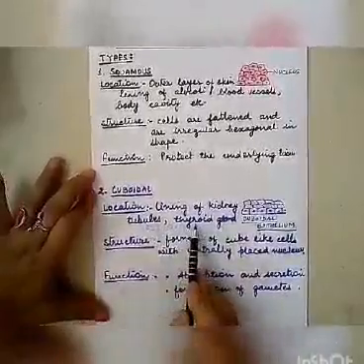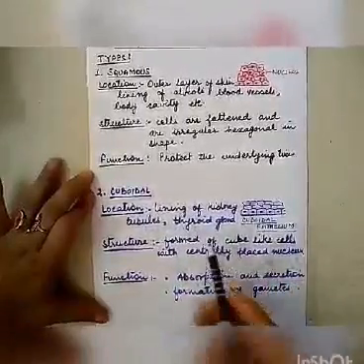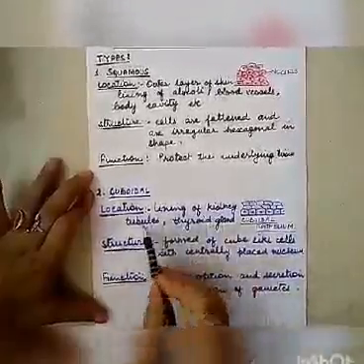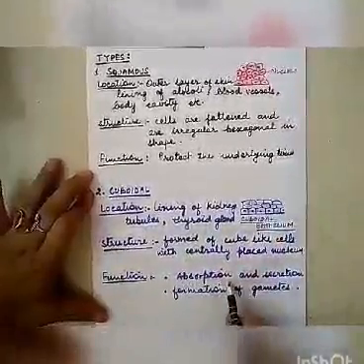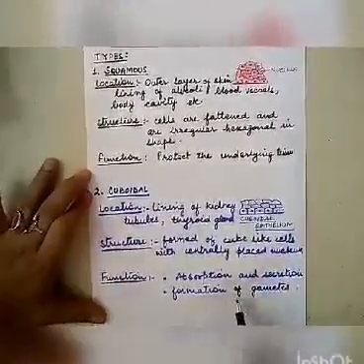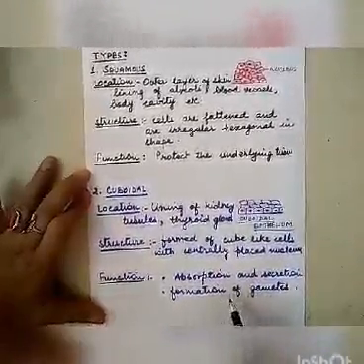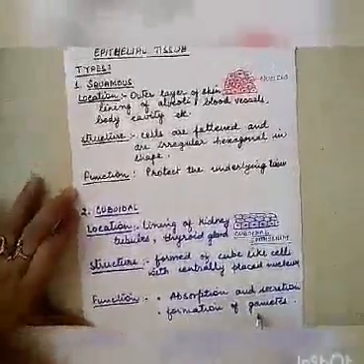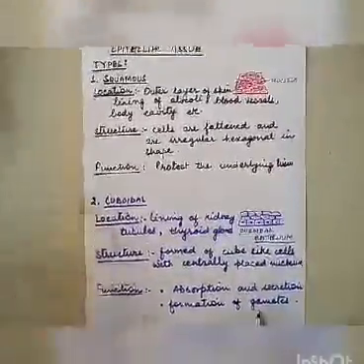The thyroid gland secretes the hormone, so it helps in secretion. Kidney tubules absorb the excess water from the urine, so that is absorption. And formation of gametes: they form the lining of the testes and ovaries and help in the formation of gametes.